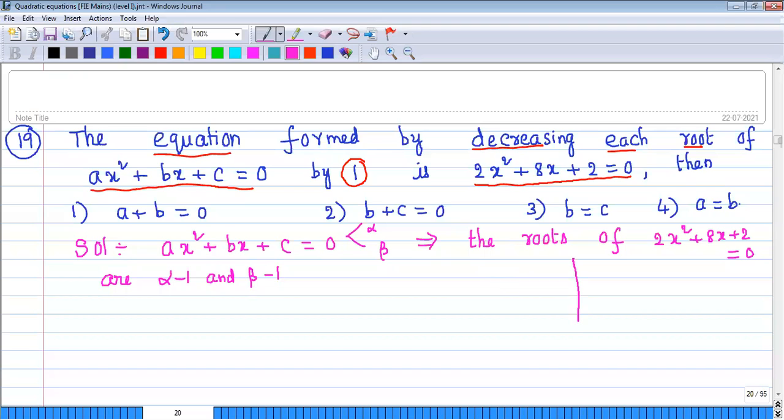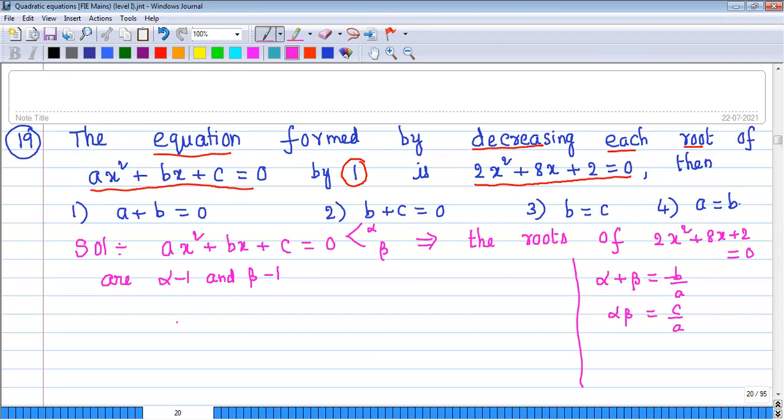Since alpha, beta are the roots of this equation, we have this relation: alpha plus beta is equal to minus b upon a, and alpha beta is equal to c upon a.